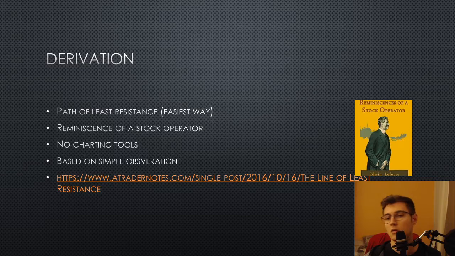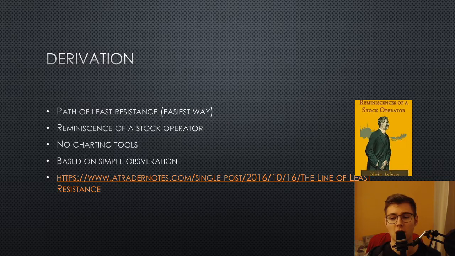For example, the easiest way to be healthy is eating healthy foods. So that would be the path of least resistance, also because there isn't anyone standing in your way when it's about eating healthy. And that's basically where the line of least resistance comes from.